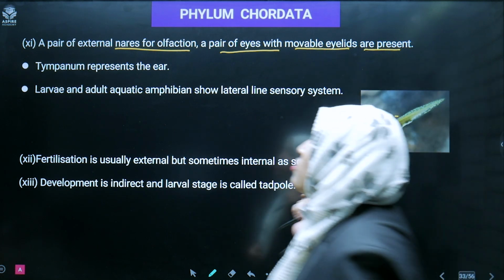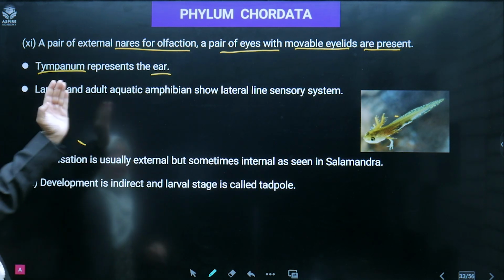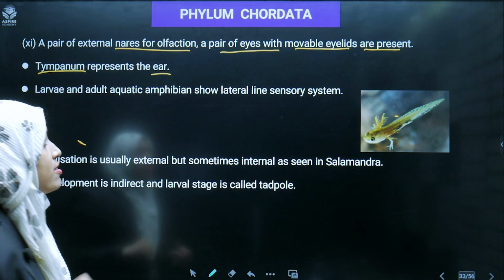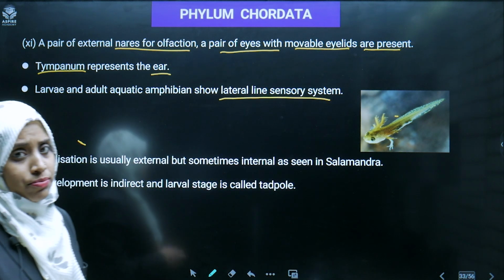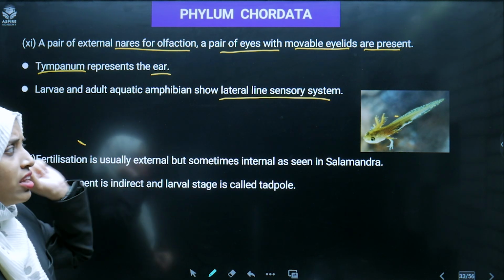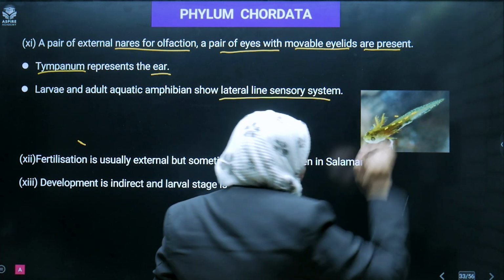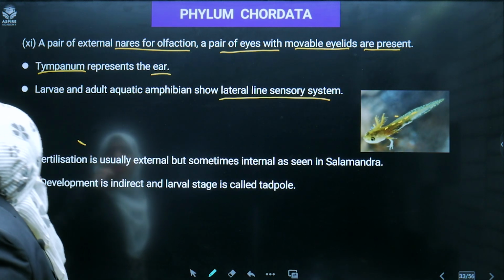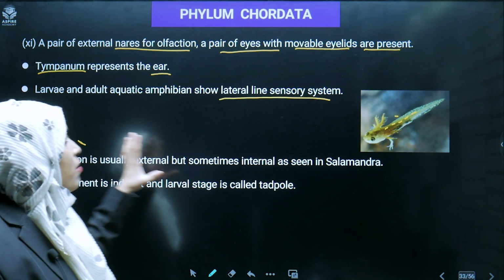Tympanum is there, which represents their ear. Larvae and adult aquatic amphibians, ठीक है, they show lateral line sensory system. Sensory system is there, and you can see there is a lateral line system. Larval में भी होता है और ज्यादातर aquatic amphibians में.